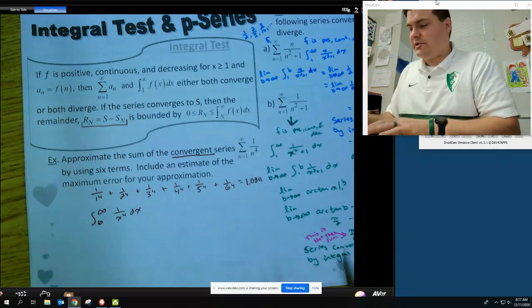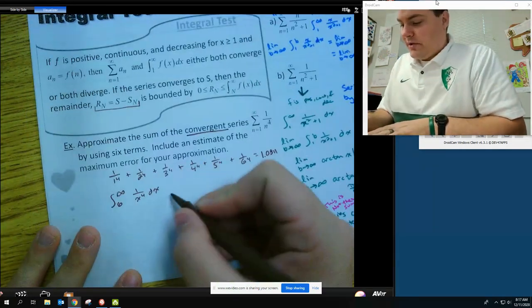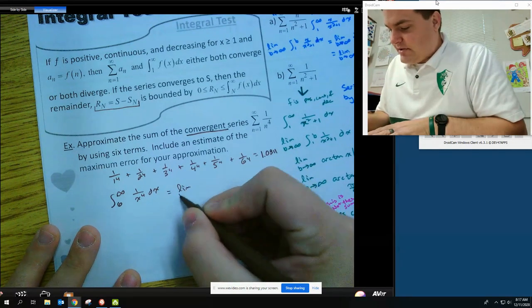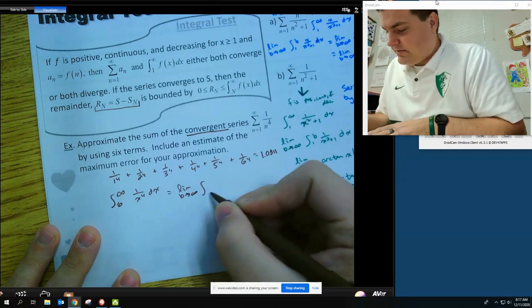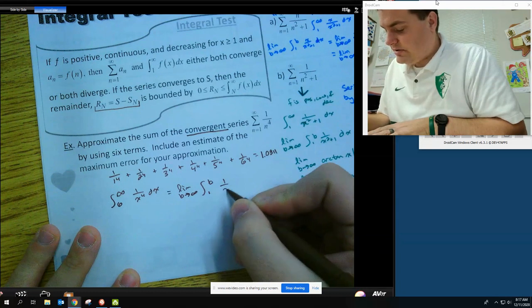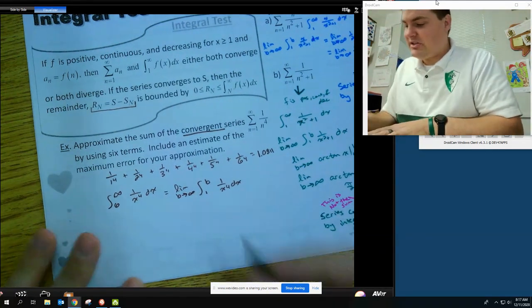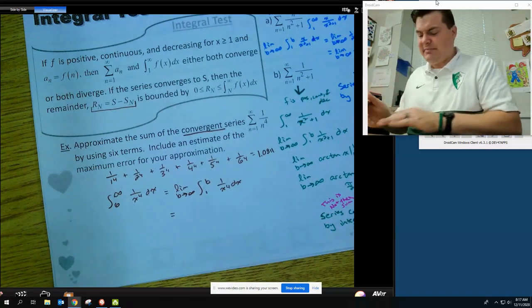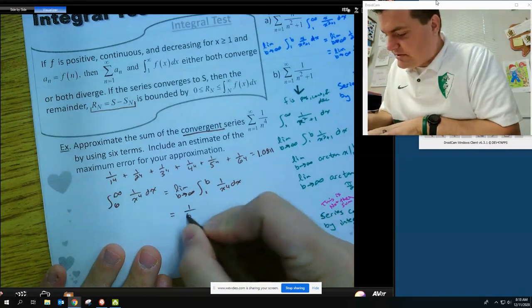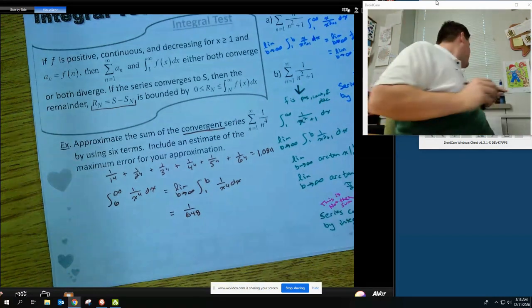So I'm going to get the limit as b approaches infinity of the integral from 6 to b of x to the negative 4th dx. I'm just going to tell you what the answer is to save a little time. You're going to get 1 over 648.